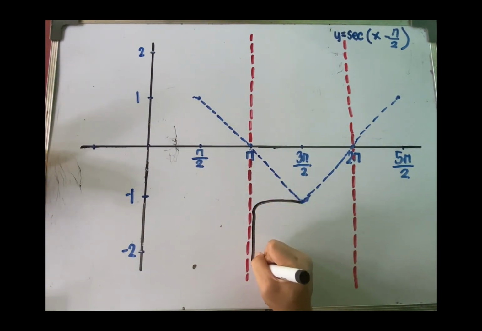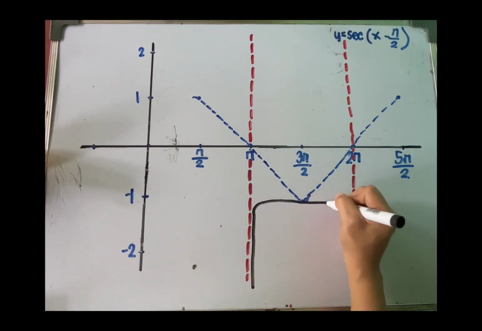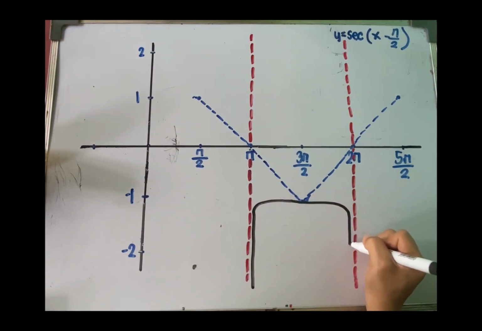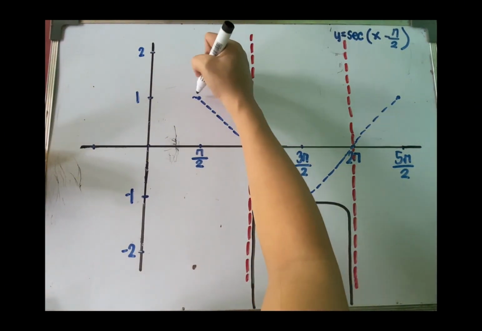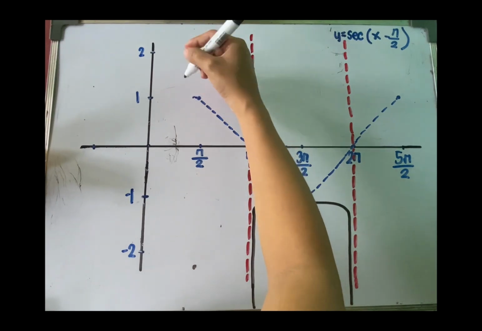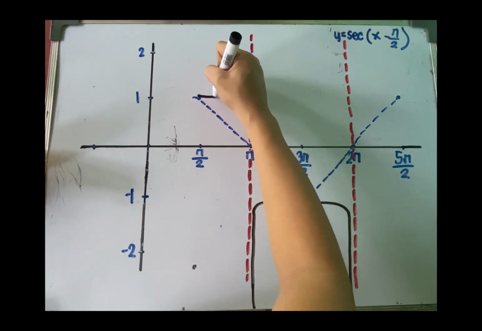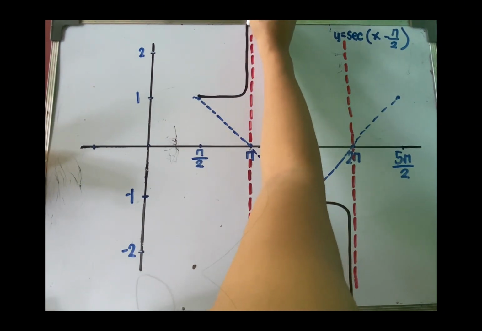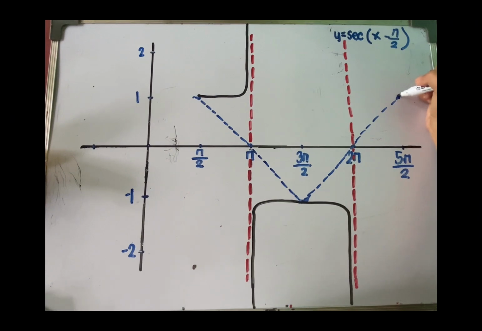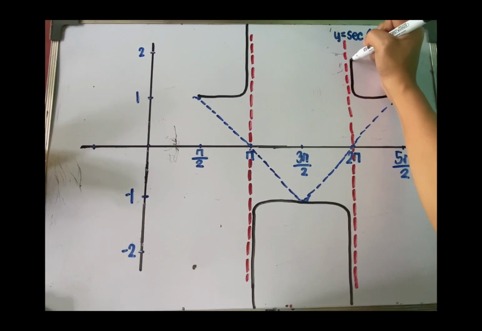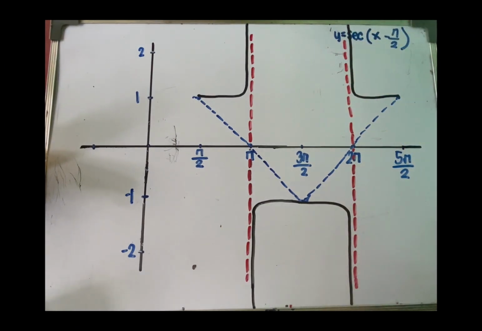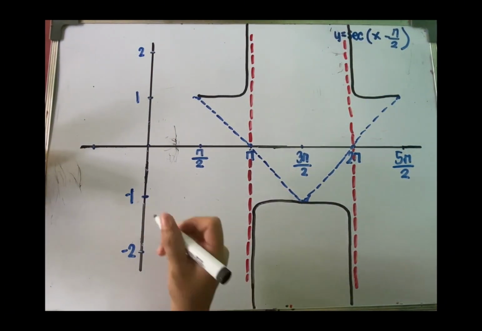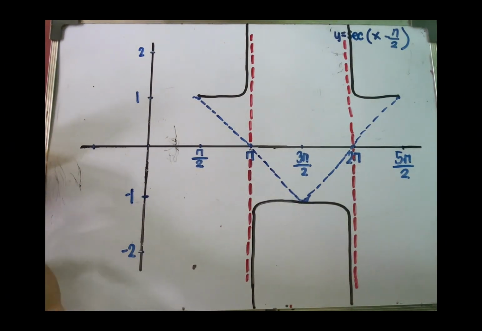We must do it always closer to the asymptotes, but not touching them. We carefully do it slowly but surely. We're almost done with our graph. Now this is our graph for secant of x minus 2 pi.